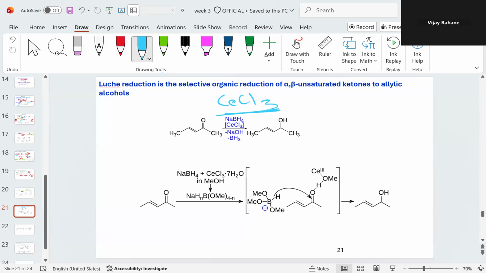This is the important reagent. In the presence of this, it will form this alpha beta unsaturated alcohol, and this reduction reaction is called the Luche reduction. You can have a look at this reaction mechanism.